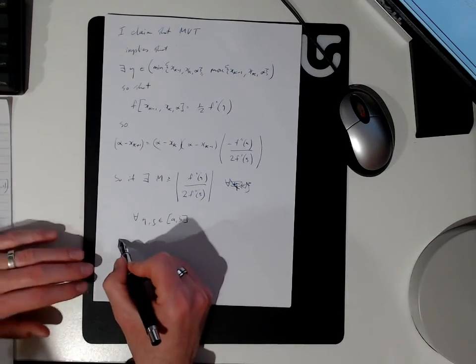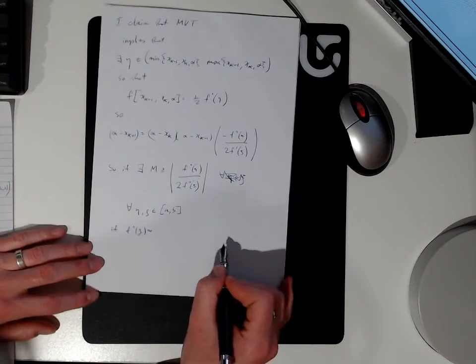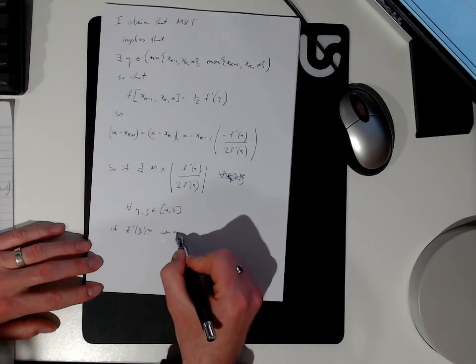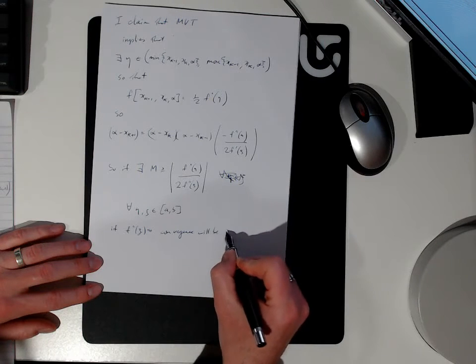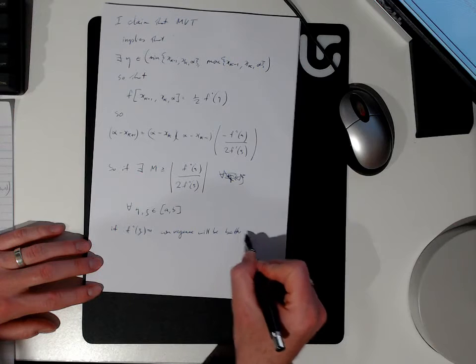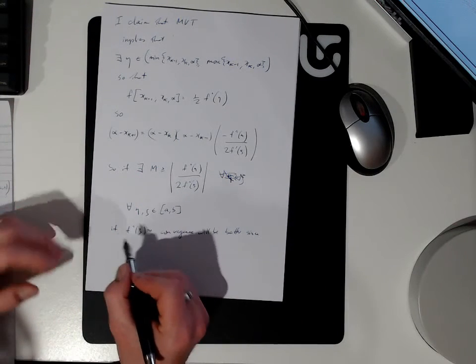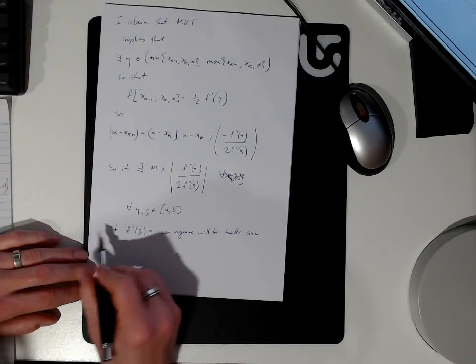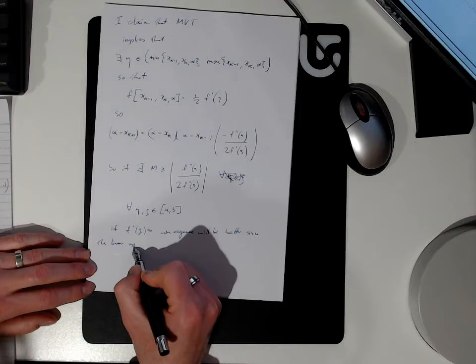So let me rephrase it. If the second derivative equals 0, convergence will be much better, since the linear approximation won't be exact, but it'll be closer.